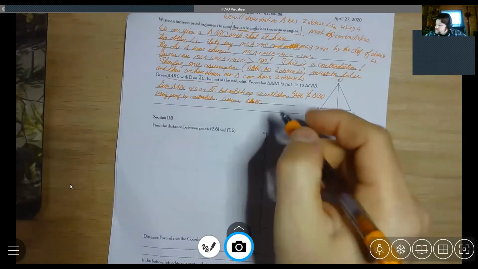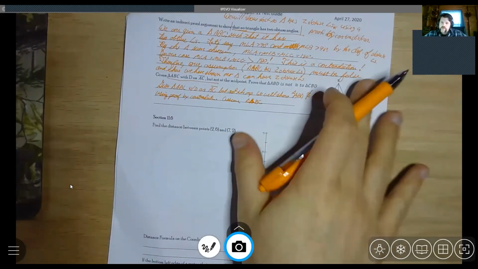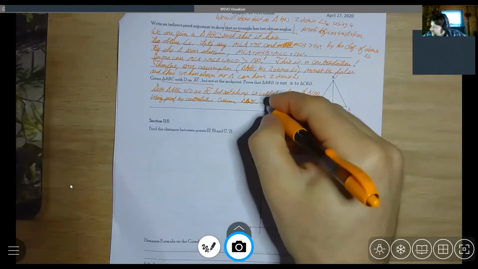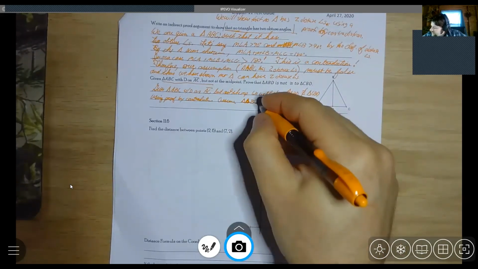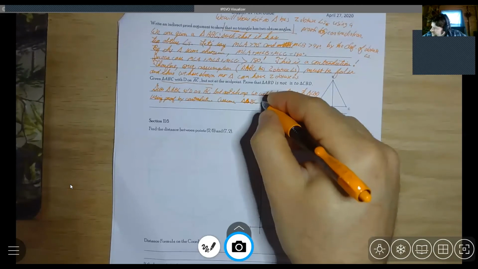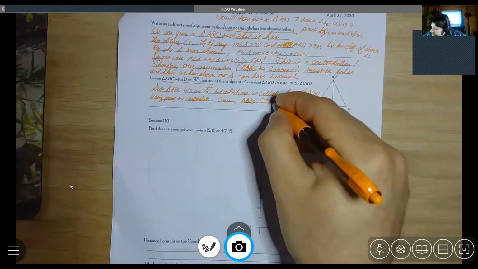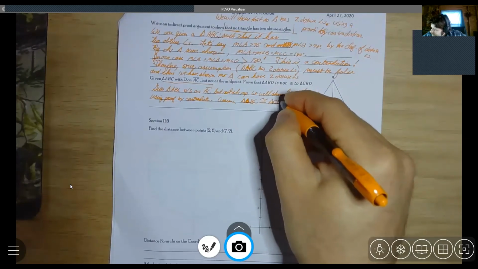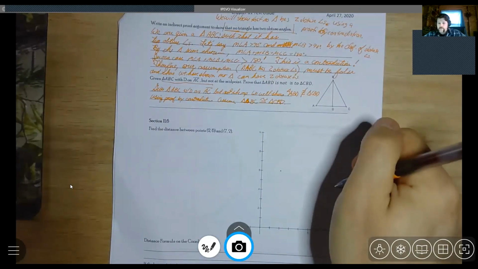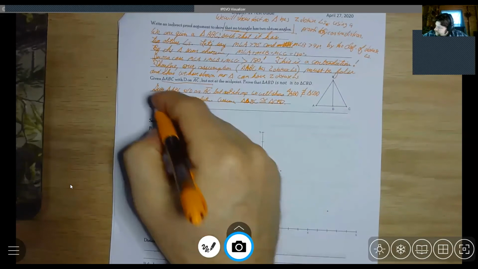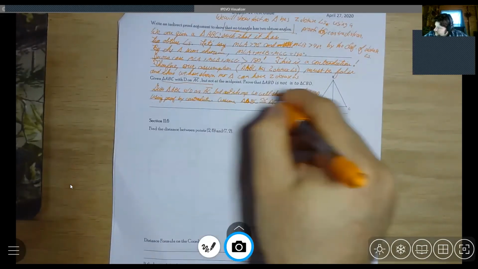So we're going to assume the opposite of what we're going to prove is true. So assume triangle ABD is congruent to triangle CBD. Okay? So that's what we're assuming.